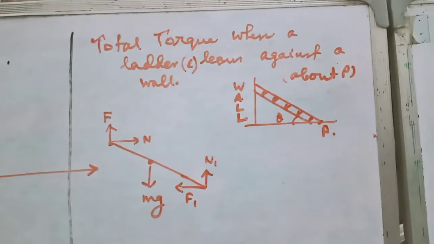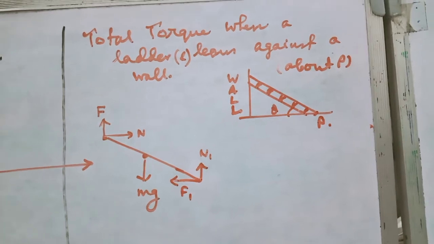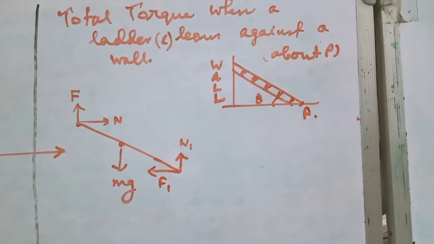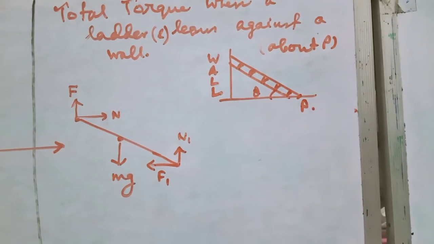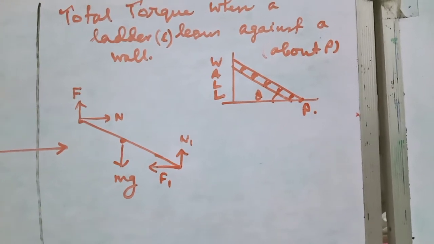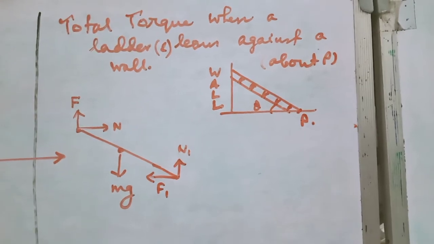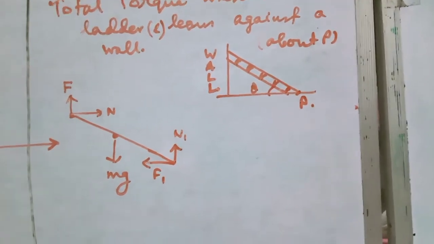You are asked to calculate the total torque when a ladder of length L leans against a wall. See the ladder, it is leaning against a wall, making an angle theta, and it is resting on the ground at point P. You know that there are frictional forces, and you have to calculate the total torque about point P. Now see how many forces are acting here.